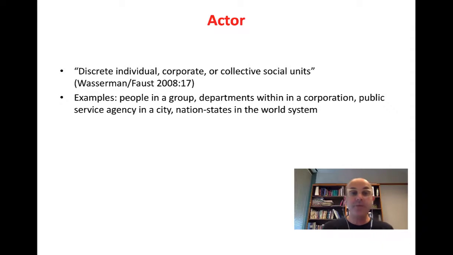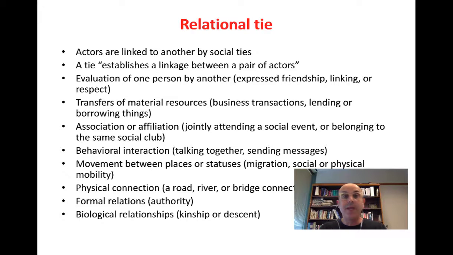So the actor is, for example, people in a group, a department within a corporation, a public service agency in a city, or a national state in a world system. Again, this is a collective social unit. The relational tie is the actor linked to another by a social tie.